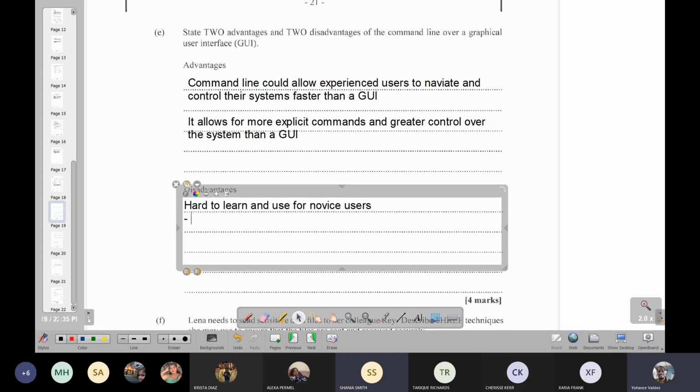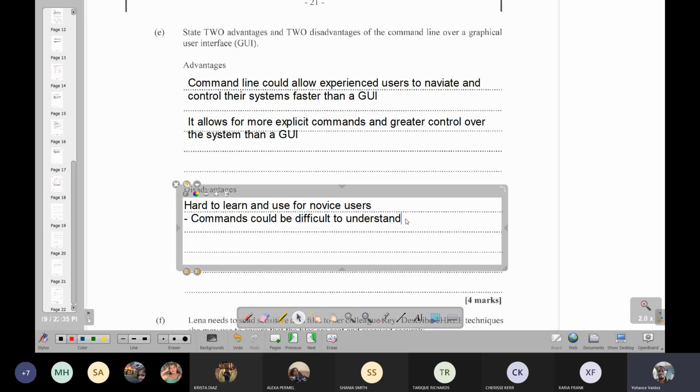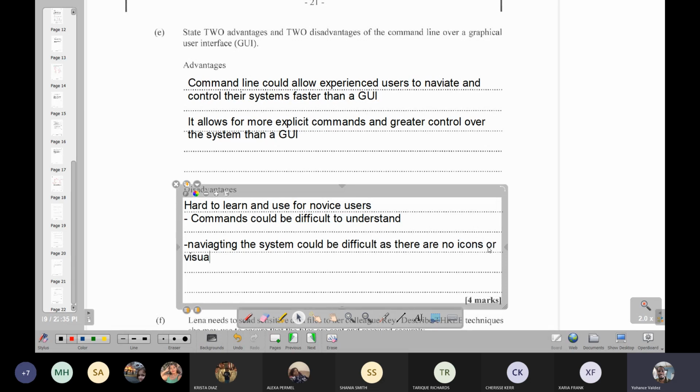Hard to learn and use for novices is kind of broad, so we could actually break that down into multiple things, right? Like commands could be difficult to understand, and navigating the system could be difficult as there are no icons or visual folders, things like that.